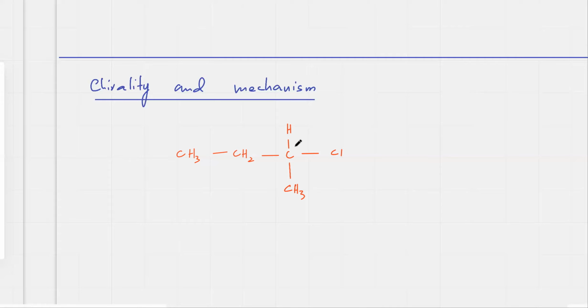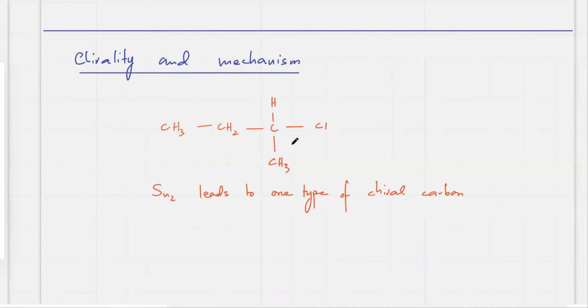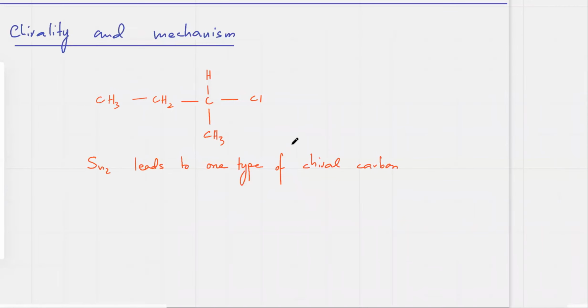But if you use the SN2 mechanism, it leads to one type of chiral carbon atom. And I'm going to explain that.